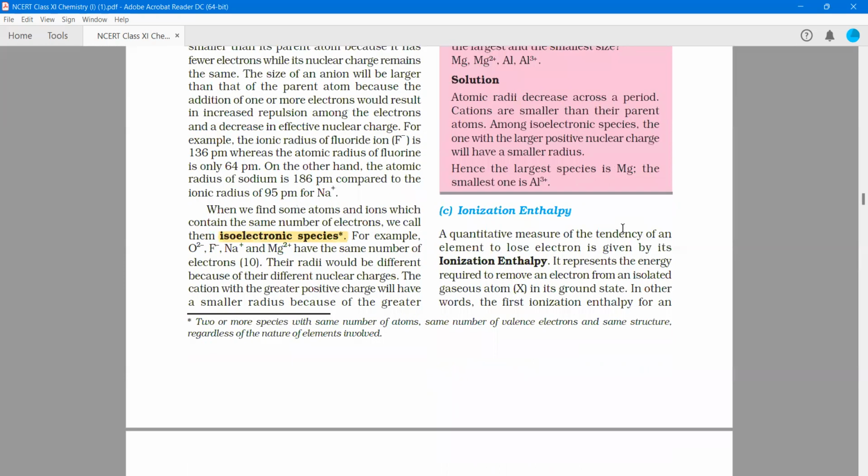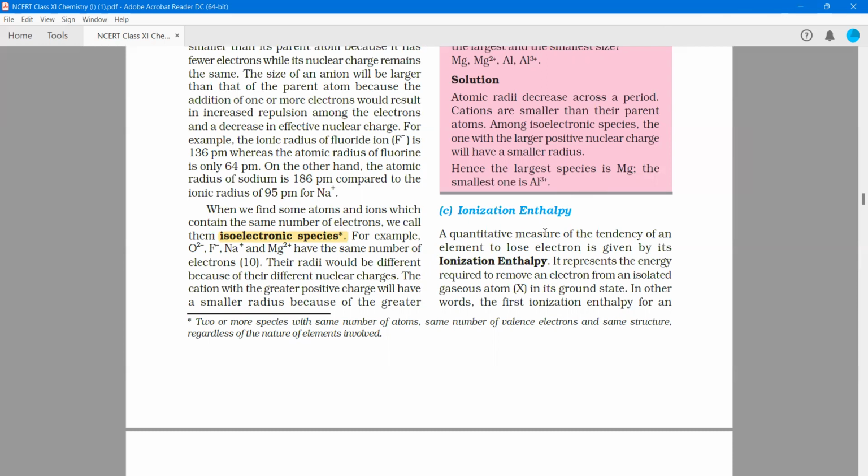So now let us talk about the ionization enthalpy. A quantitative measure of the tendency of an element to lose an electron is given by its ionization enthalpy. We have already discussed this in the previous lecture, and we kind of know the trend. It is again linked with the radius.